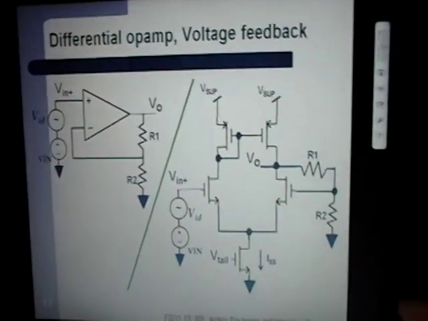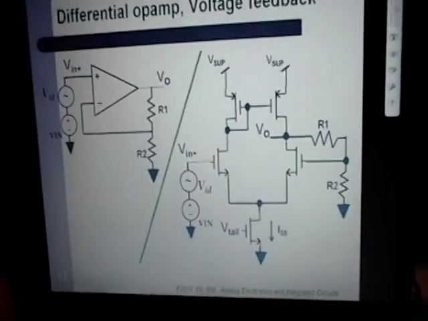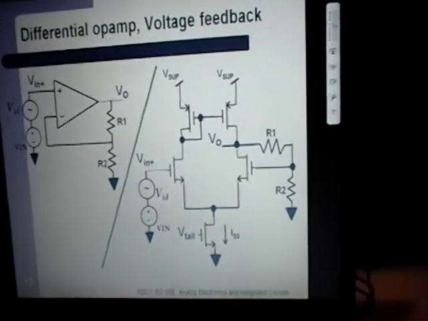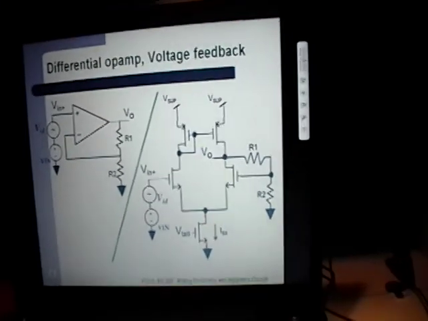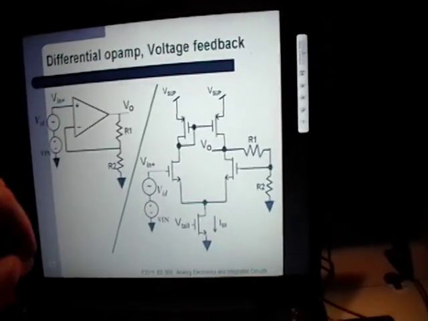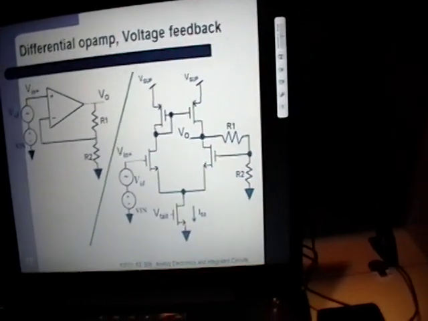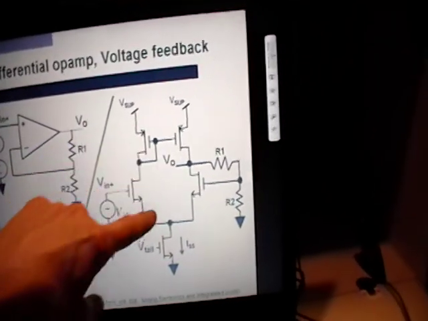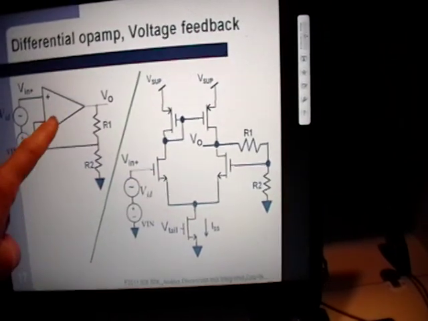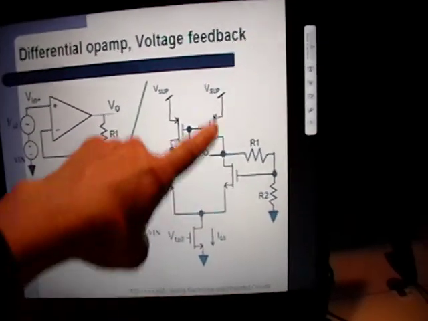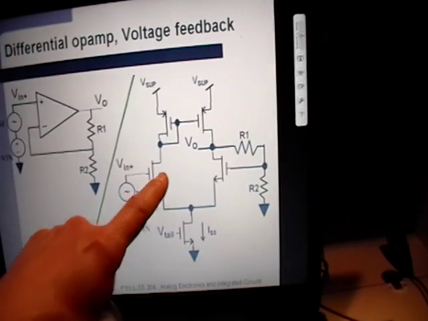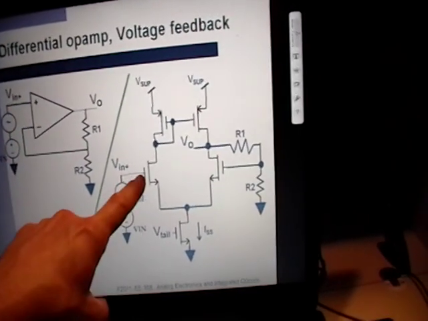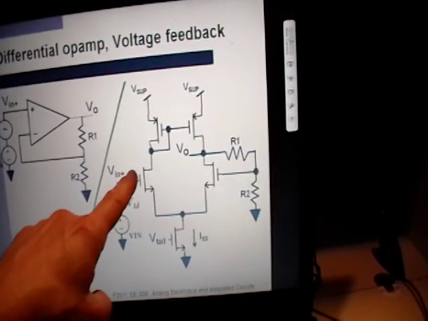Okay, so you've done that kind of abstractly with the symbol for ideal op amps, the triangle. Now you know what is inside that triangle, and a perfectly good op amp, though it doesn't have maybe the gain that you'd like in a real ideal op amp, is a diff pair. So if you wanted to implement this circuit using your diff pair op amp, you'd say, I have V in going into the plus terminal.